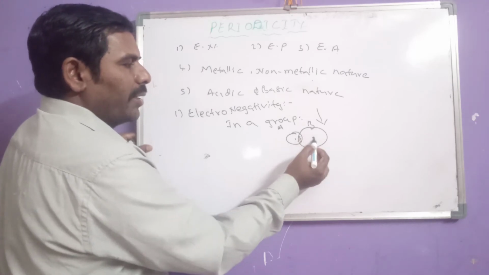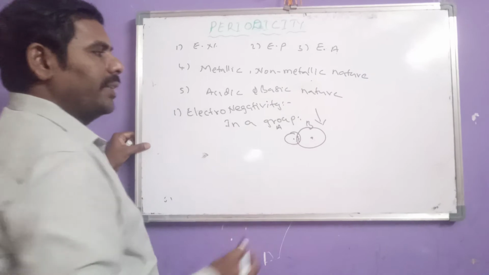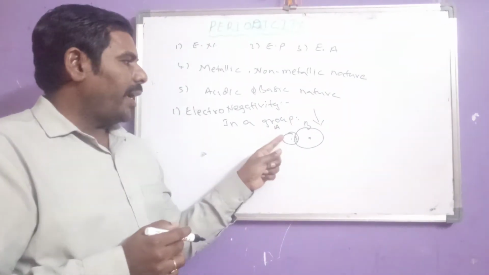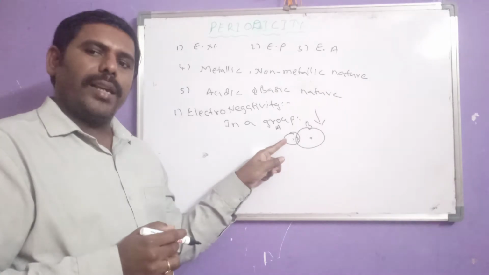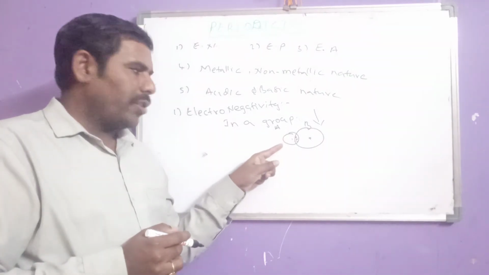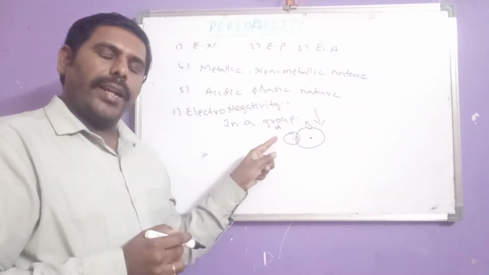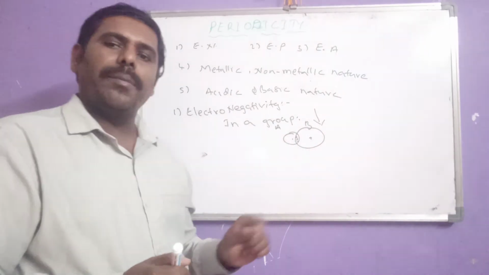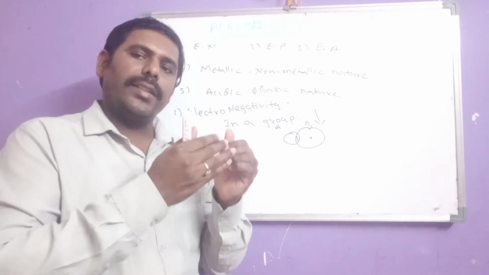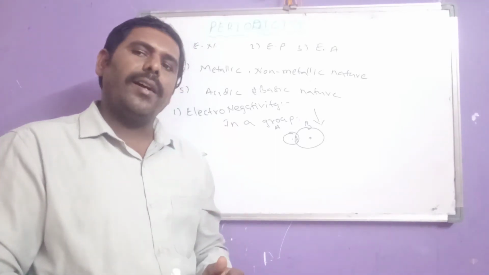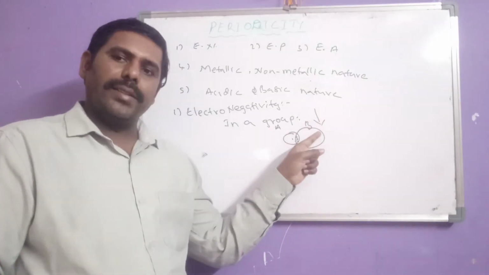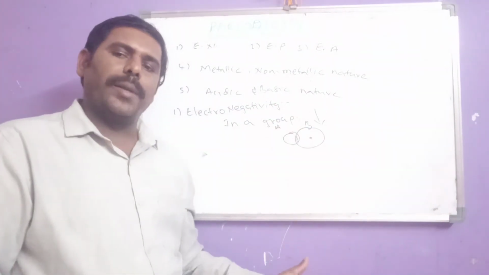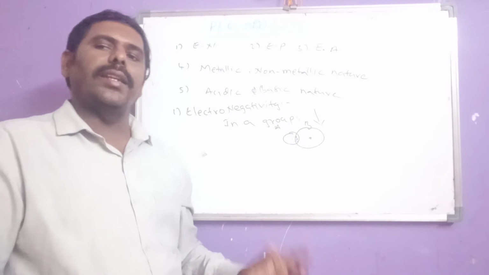So this B atom cannot attract that electron pair strongly towards itself. But A atom, due to the small size, as the nucleus is near to this bond pair, can attract strongly. That means as the size of the atom increases, the tendency to attract bond pair of electrons decreases. So electronegativity decreases from top to bottom as atomic size increases.